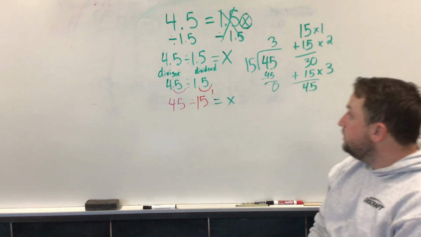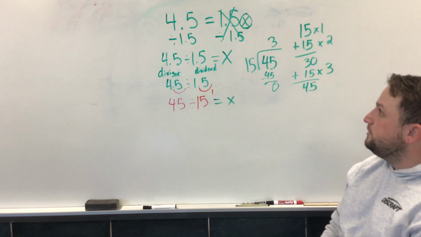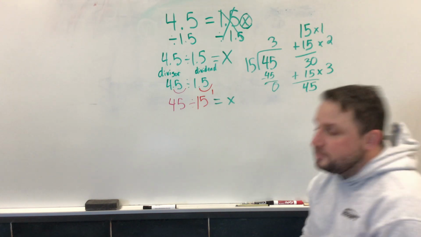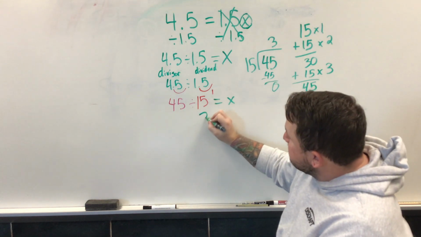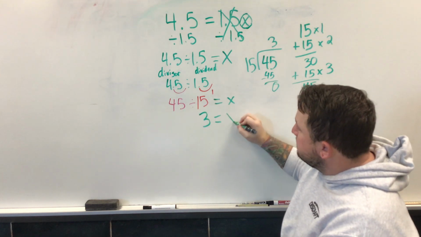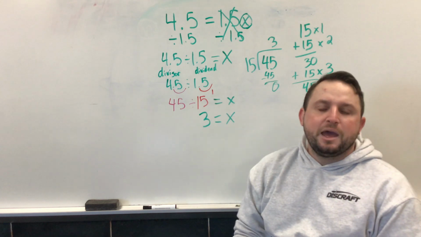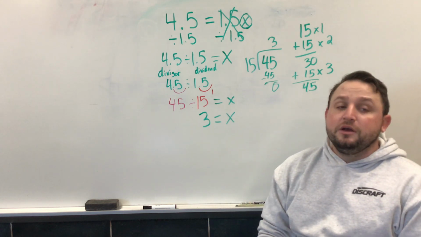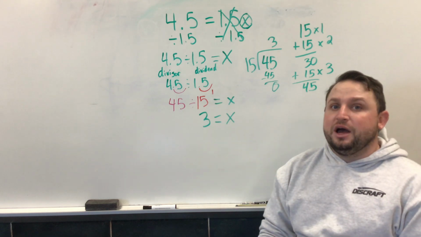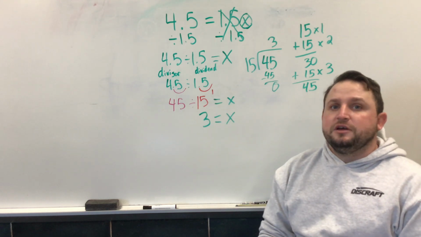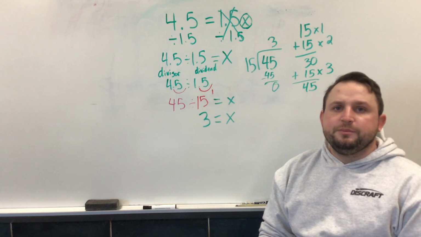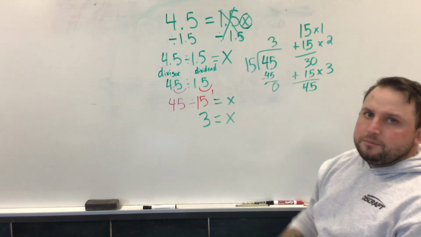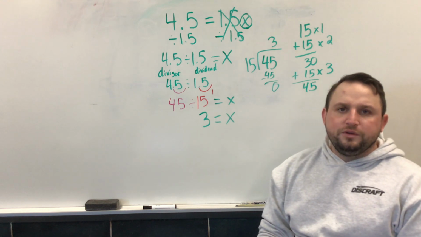Boom. So my answer in this case, ladies and gentlemen, 4.5 divided by 1.5 equals x. The answer is 3. Okay? And that is how you divide by decimals. We've done that several times this year. I'm going to also post a picture of all of our signs online so that you guys have access to them. Okay? But when dividing by decimals, get your dividend by itself as a whole number.